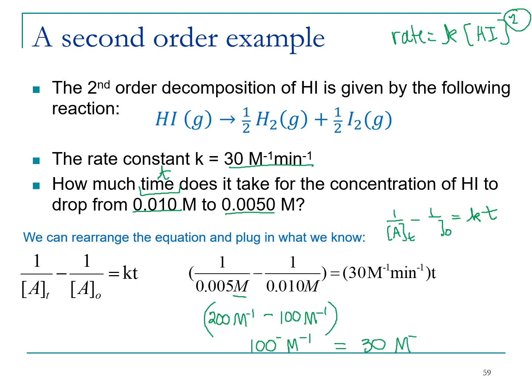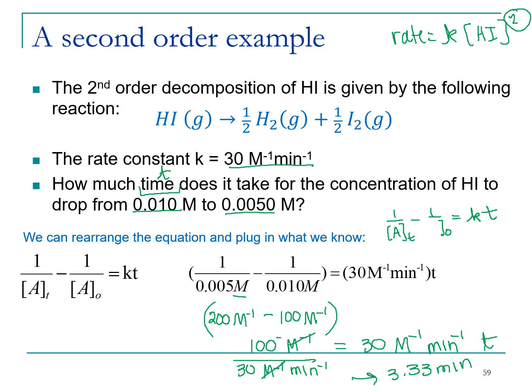Over here, it's inverse molar, inverse minutes. So if I divide this side by 30 inverse molar, inverse minutes, the inverse molar cancel, and we have the inverse of the inverse minutes, which turns out to be minutes. So my units should cancel out.